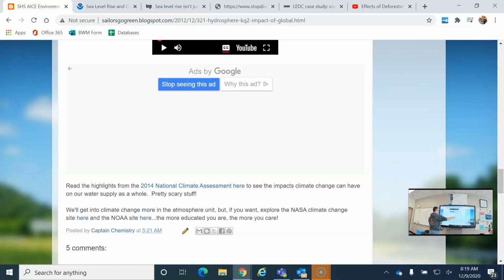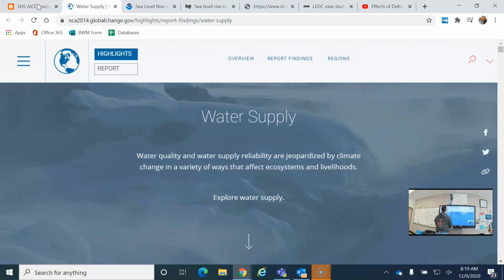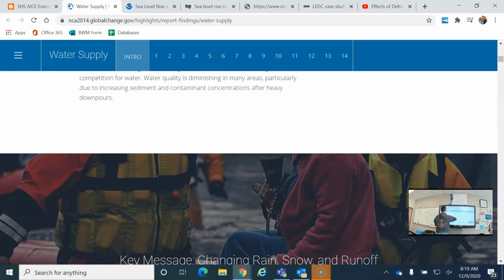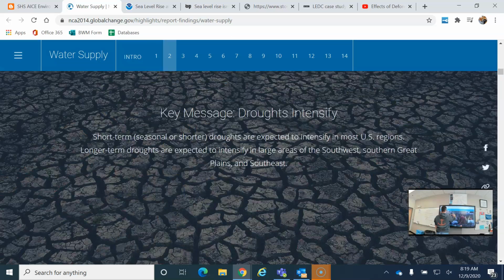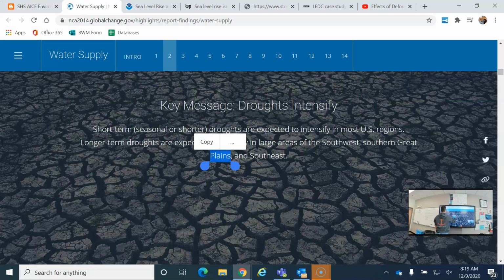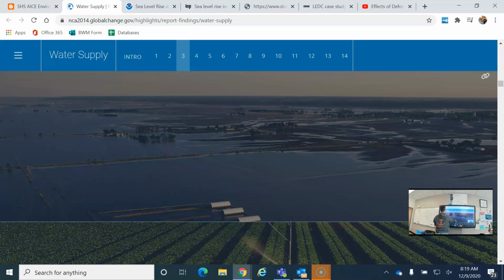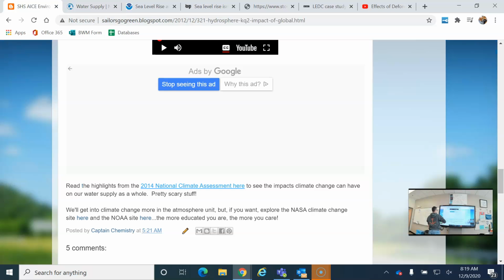This is the National Climate Assessment from the United States. So you guys can please look at that. You can see the different impacts sea level rise is going to have on water supply. And please do read through that as well.